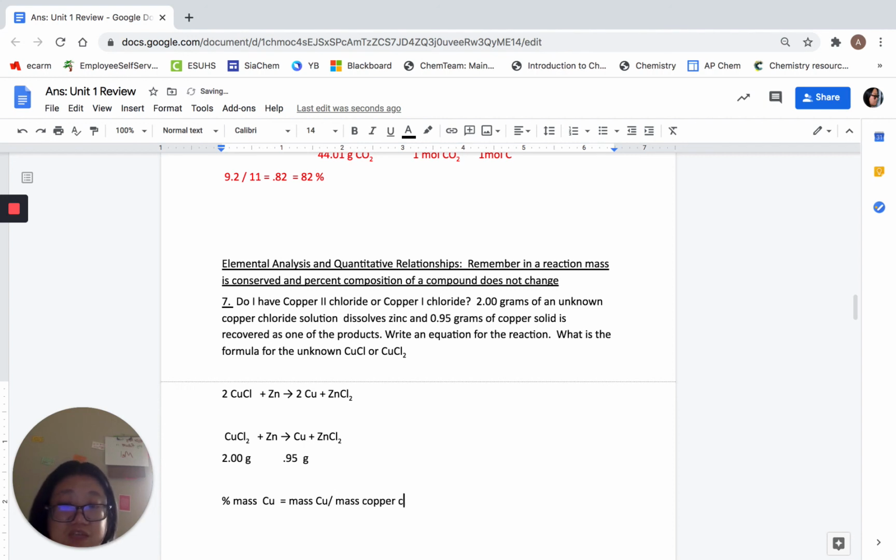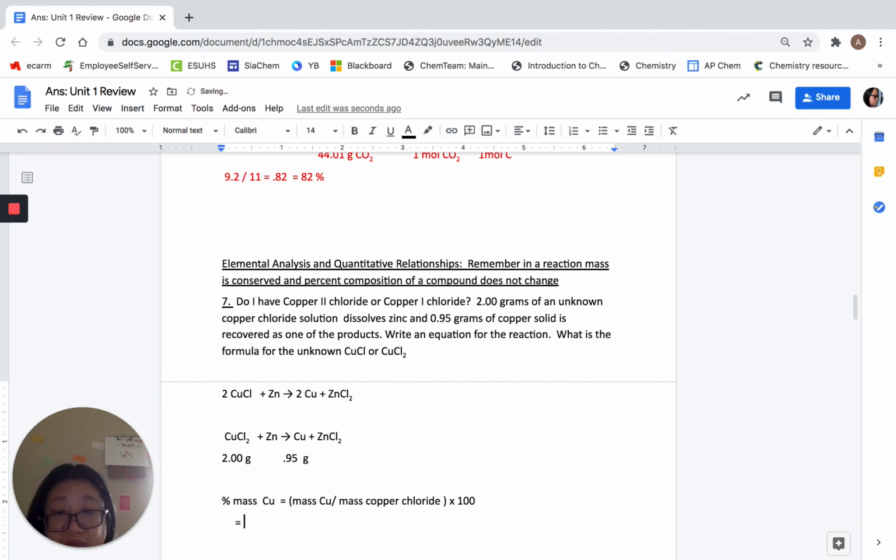I'm just going to say that, so as not to confuse you, because we don't know what the chloride is. Then times 100, and that's how you get a percentage. So we can still do it this way and try to figure out what it is. What they're trying to say is this percentage is not going to change. We already know the other two numbers, so let's figure out what that might be.